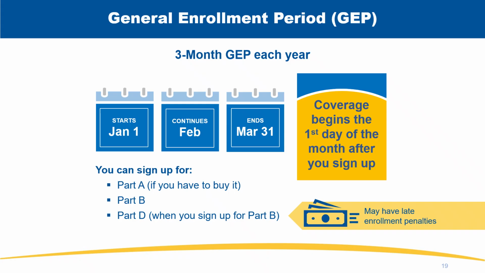But the general enrollment period, you can sign up for Part A if you have to buy it, Part B, or Part D. So, for example, if you do not qualify for a special enrollment period, or this is not your initial enrollment period, you have surpassed the 7-month period and you do not qualify for a special enrollment period, you will be subjected to this general enrollment period. And at this time, you may have late enrollment penalties. Coverage begins the first day of the month after you sign up.